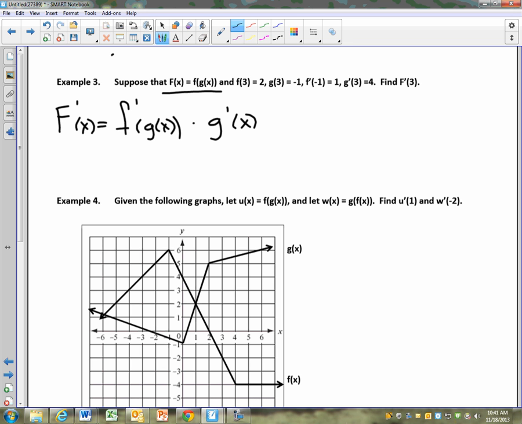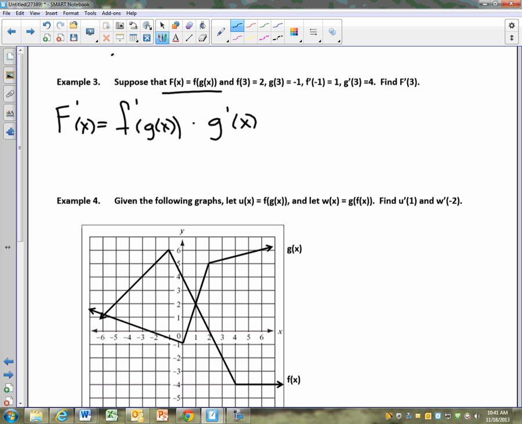You know f of 3 is 2, g of 3 is -1, f prime of -1 is 1, g prime of 3 is 4. It wants you to find f prime of 3. So here's what I'm going to write out. If I do the chain rule, I get the derivative of the outside, so the derivative of f is f prime with the inside left alone, g of x, times g prime of x.